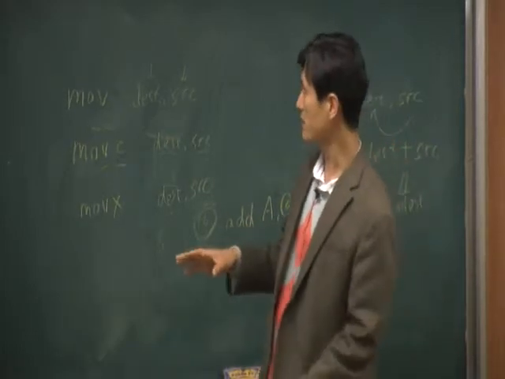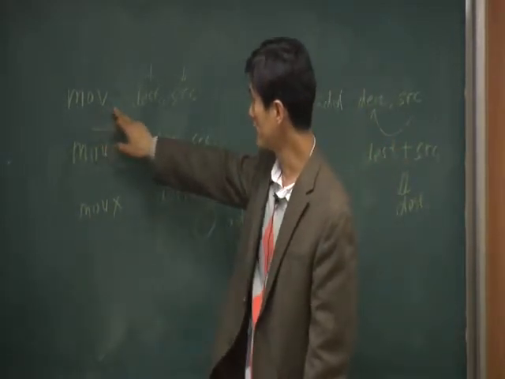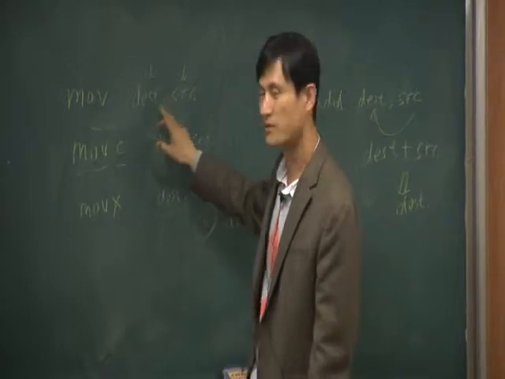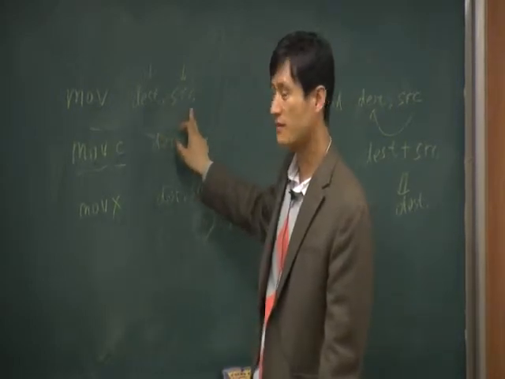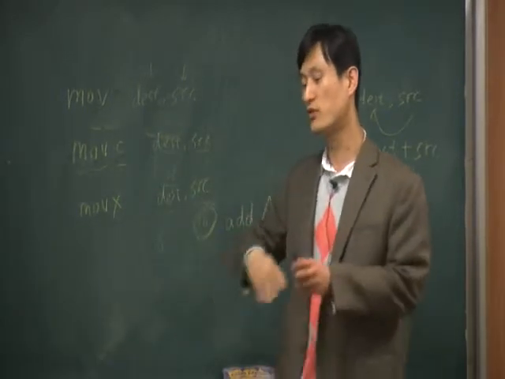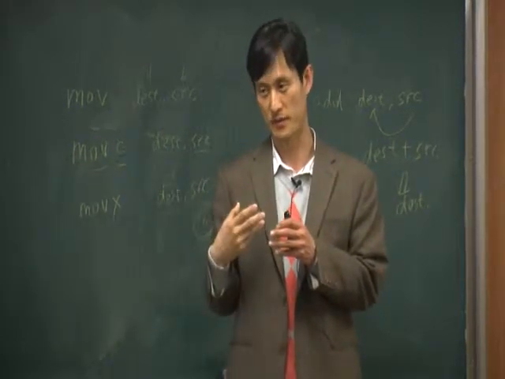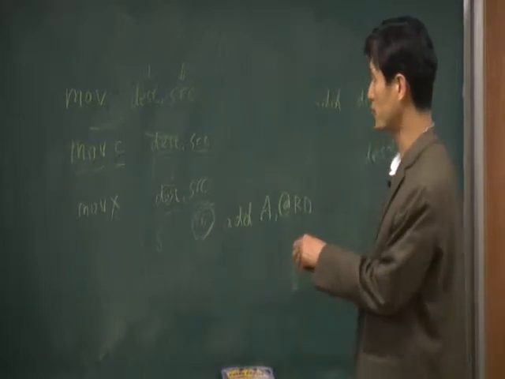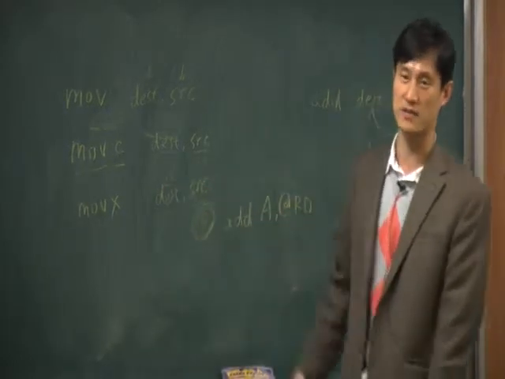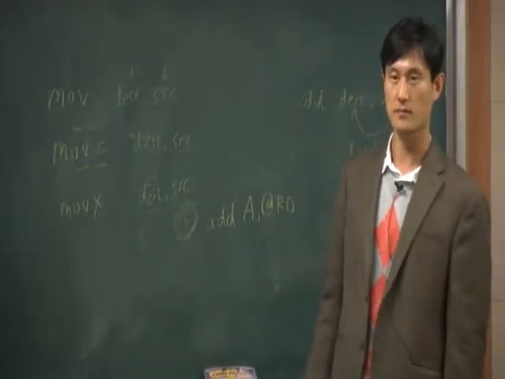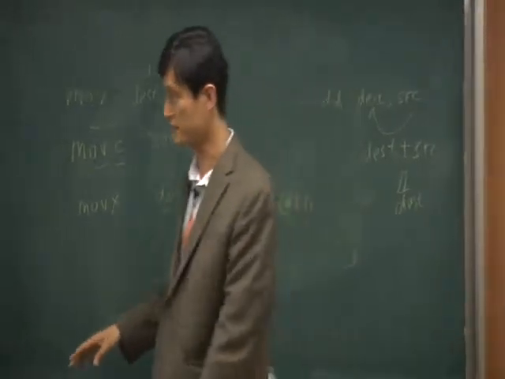So the message here is that MOV is to copy between the internal memory or registers, but with MOVC and MOVX, you want to exchange values with the external memory. Therefore, you sometimes have to use a 16-bit address. Okay, that's the difference.